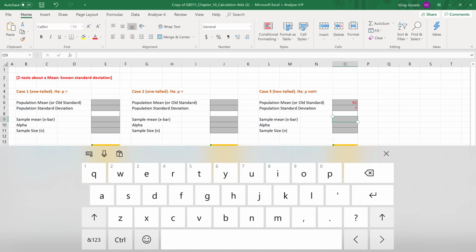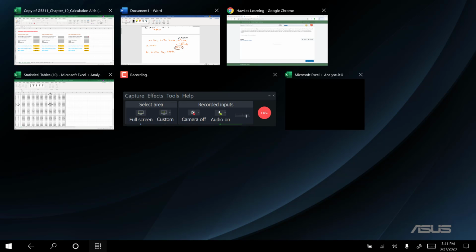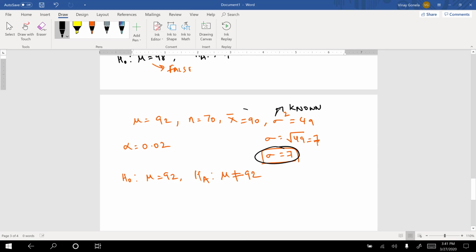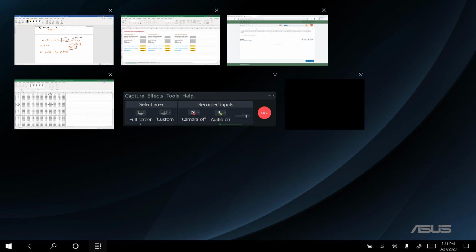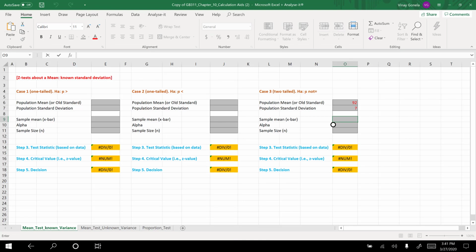And then the sample mean. Sample mean x bar is 90, so I will enter that.